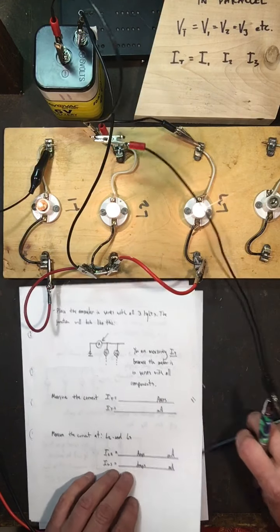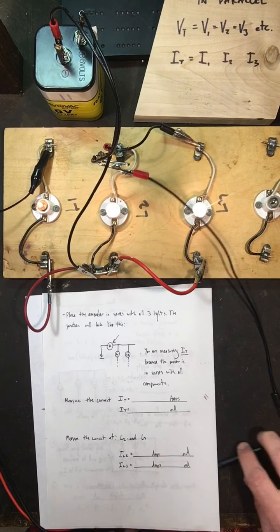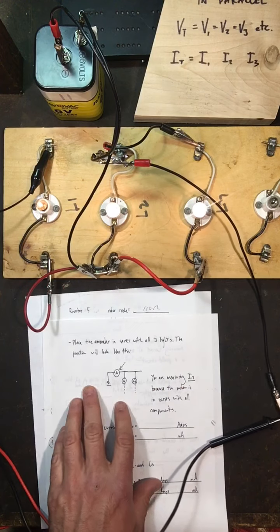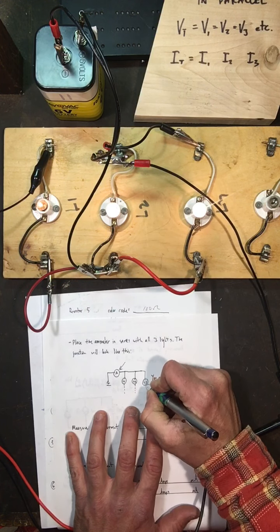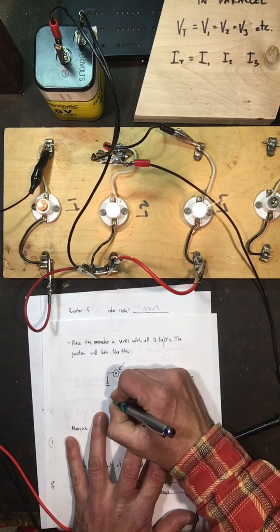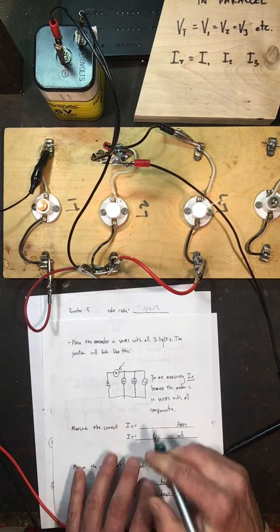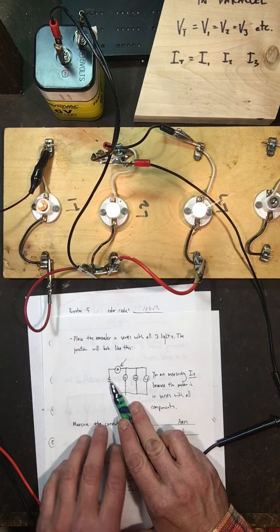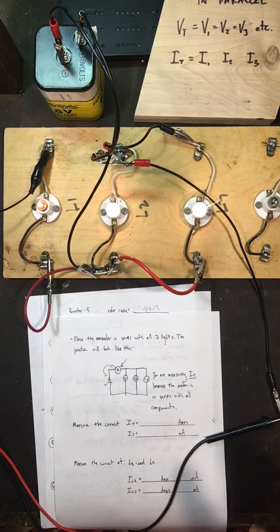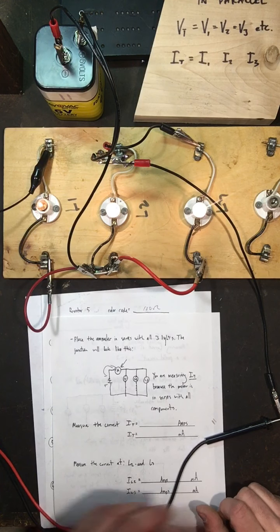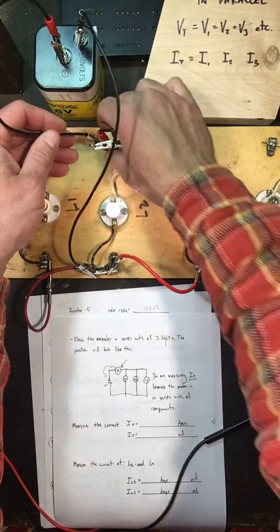Next one says, place the ammeter in series with all 3 lights. The junction would look like this. So now with this schematic, we have L3 here, comes over, rejoins, down, down. So now the negative of our power supply comes out and goes into the ammeter before it gets to any of the lights. Okay, so this time we have our negative.